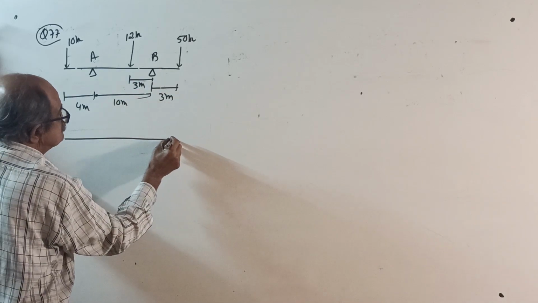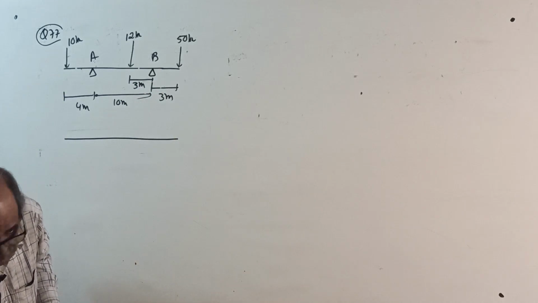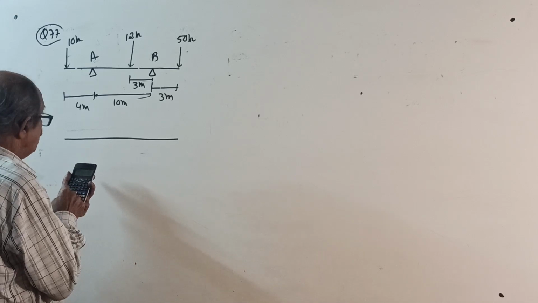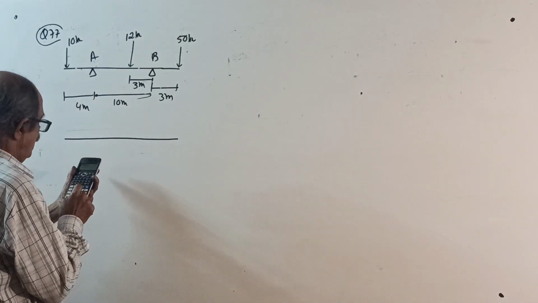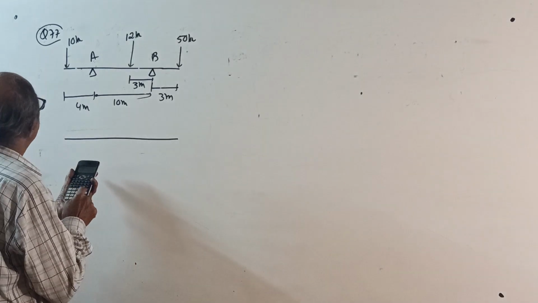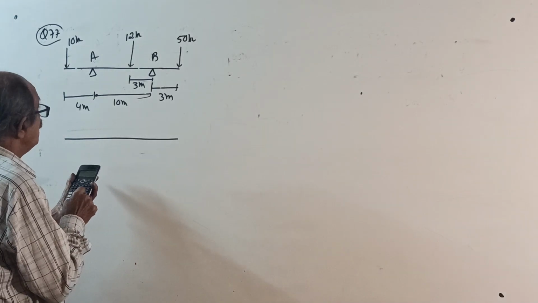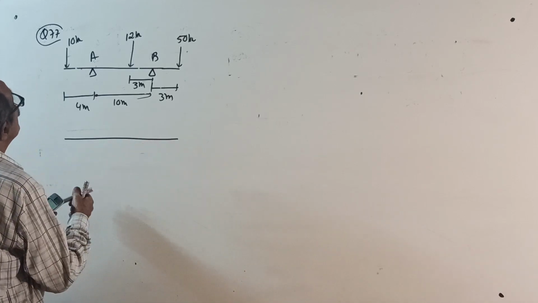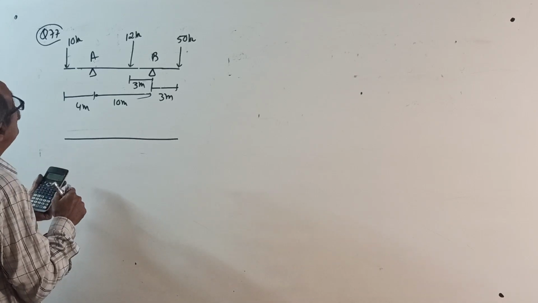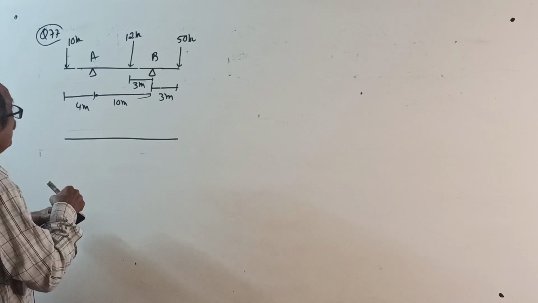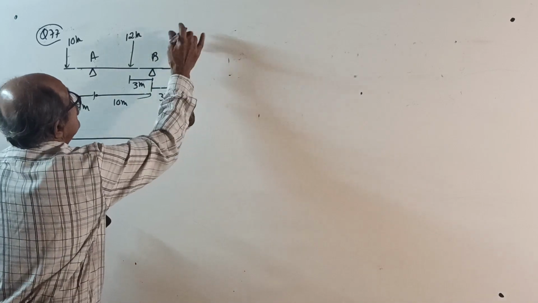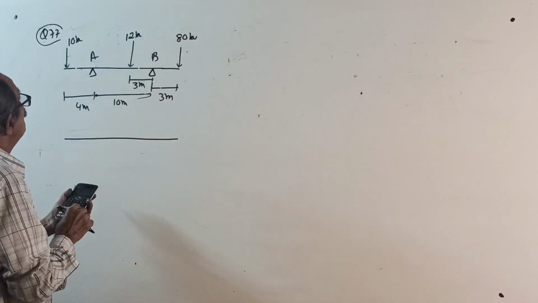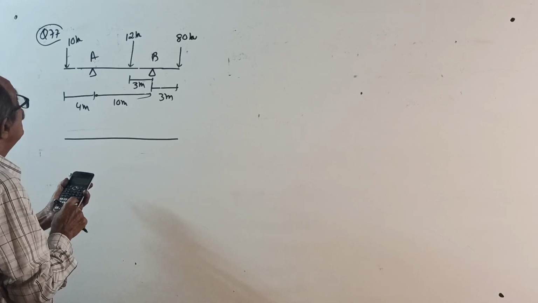Answer. 12 into 7 plus 50 into 13 minus 10 into 4 divided by 10 gives 69.4. No, I'm still getting positive. I want a negative reaction. I will make it 80 kilonewton to make it a negative reaction. Okay, moment. Oh, actually correct.